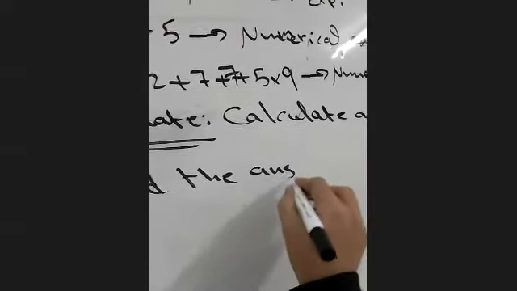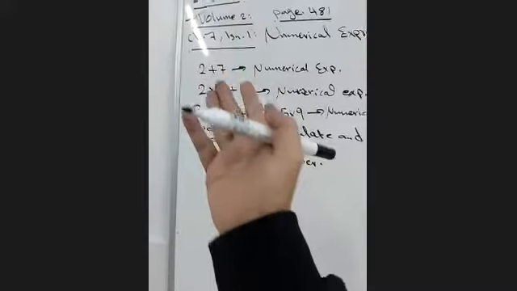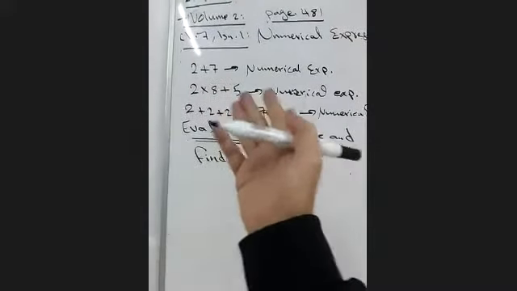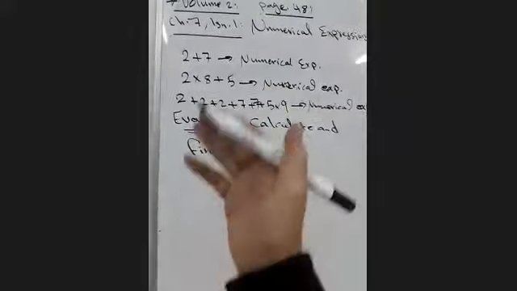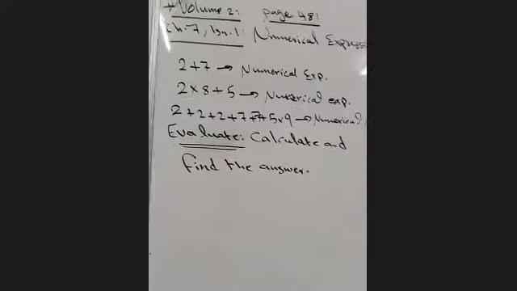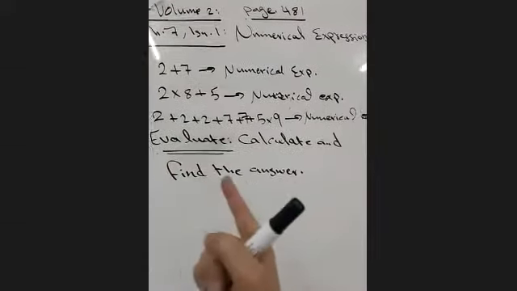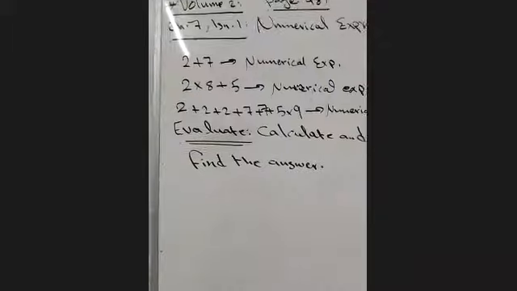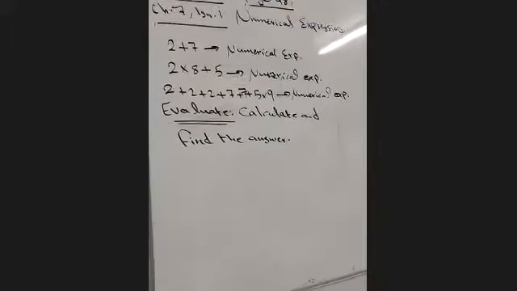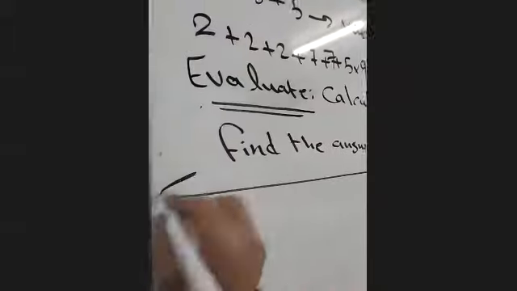So we have two concepts here. Numerical expression means an expression with numbers, with add, plus, divide, multiply, with the operations of math. The word evaluate means to calculate and find the answer. For example, look here.